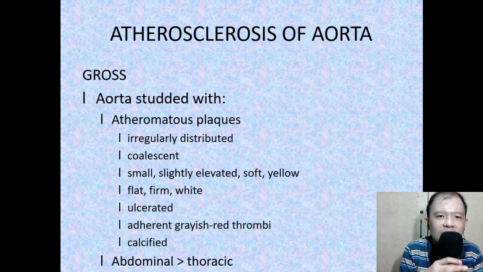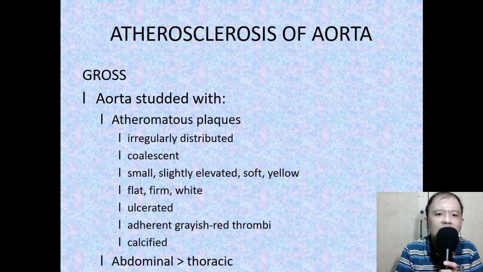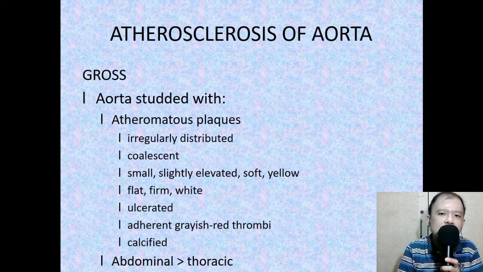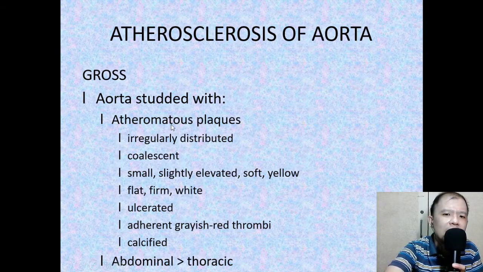Next, this is a case of an aorta which in the cross section shows atheromatous plaque. The other term for atheromatous plaque is atheroma or atherosclerotic. When we say atherosclerotic, the plaque has become hardened. What is the composition of these plaques? These are composed of many things.